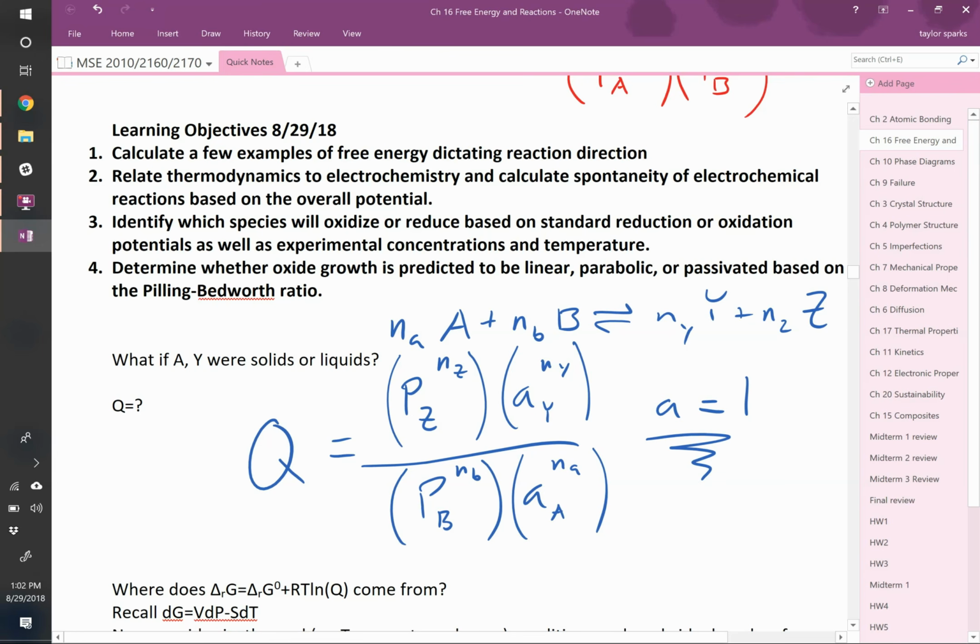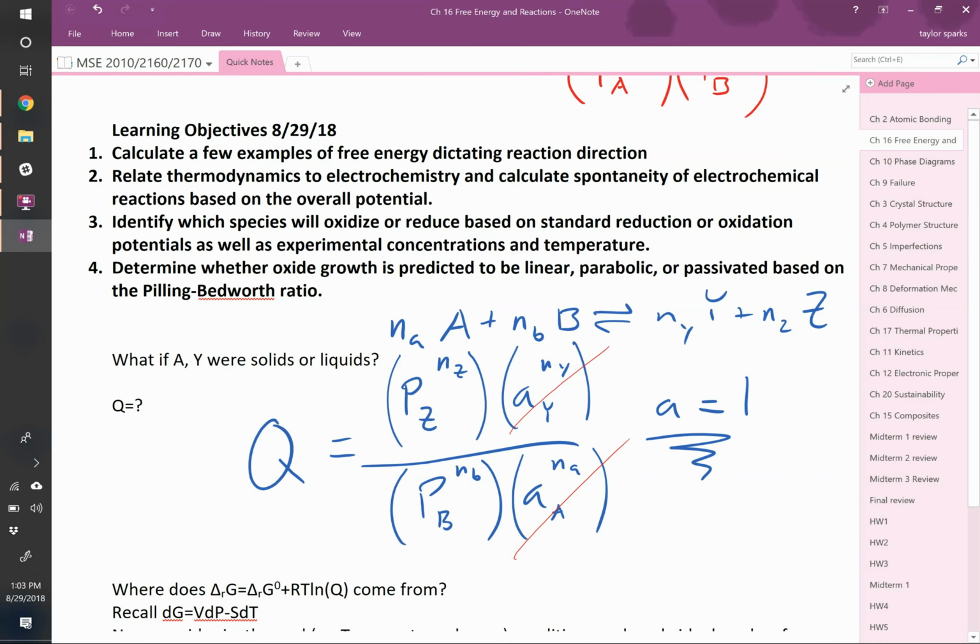This is a huge approximation. This isn't real. It's an approximation. When you take thermo, you will learn how to calculate activities, and it's not always 1. For this class, that's a big assumption we're going to make. But it makes it a lot easier, because if those are 1, then we can just ignore those. 1 raised to any exponent is still just 1, so we can just ignore those two terms. So it makes our life easier, okay?